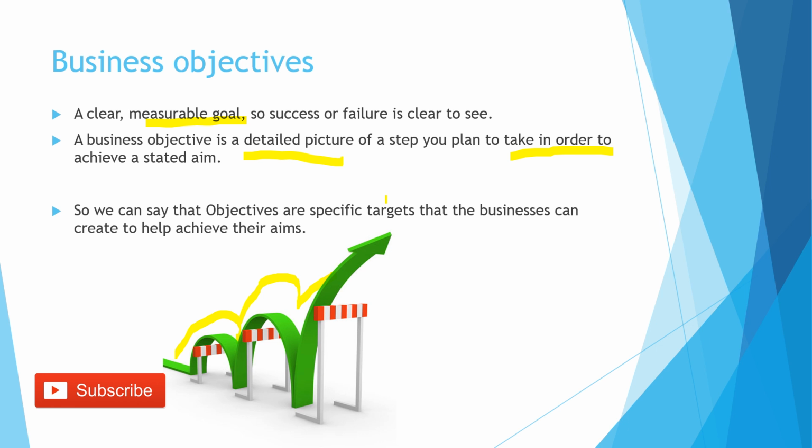You are going to do your homework, you're going to watch all these videos that I upload, you're going to do some practice papers. These are all your little objectives which will help you achieve your aim. So we can say that objectives are specific targets that the business can create to help achieve their aims.